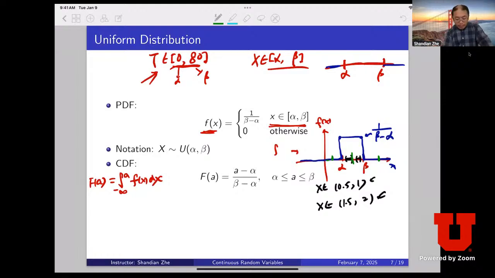So let's just do this. Consider the first case where a is less than alpha. So our integration becomes what? In this case, what's the value of the probability density function, small f?